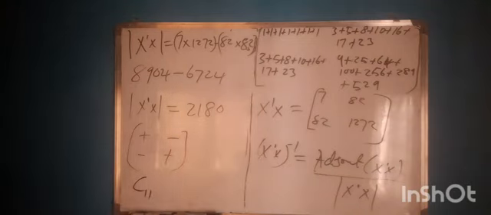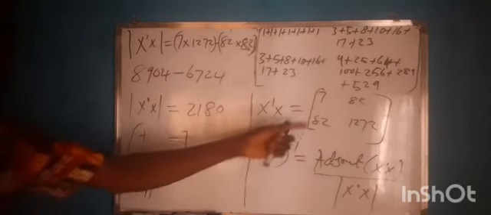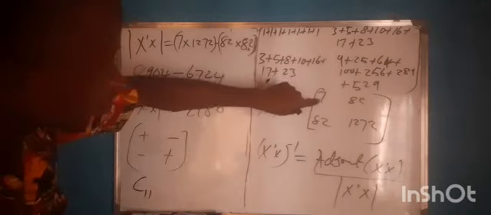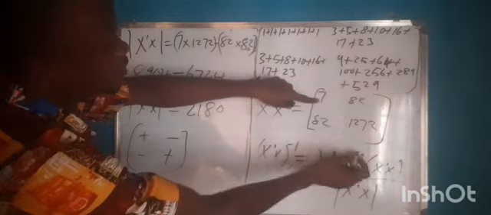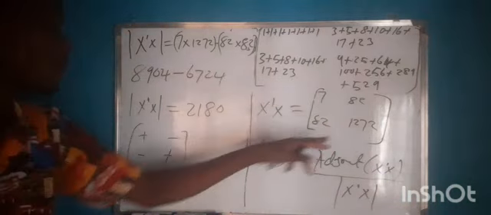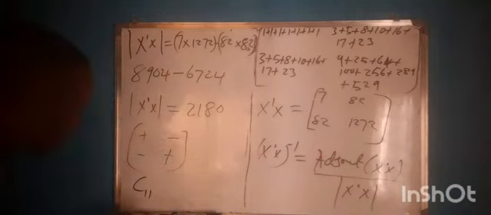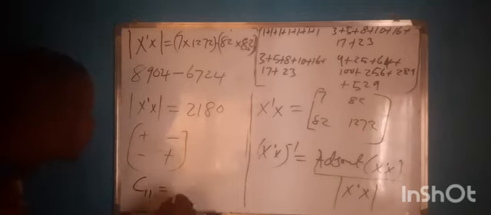C11 is row 1, column 1. So if you come to this matrix here, this is the position of our C11. The number that is opposite to this 7 is 1272. You pick this and multiply it by this sign, which is positive. So we have our C11 to be plus 1272.